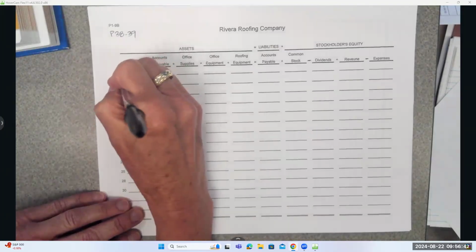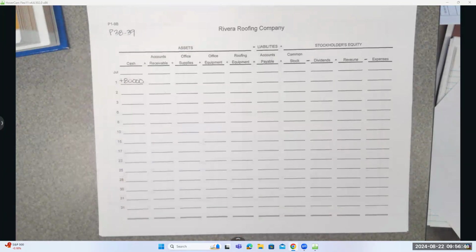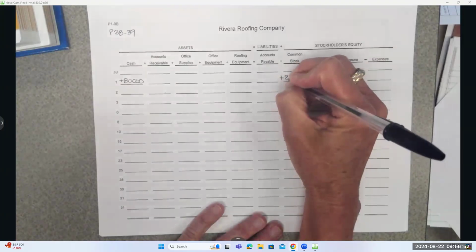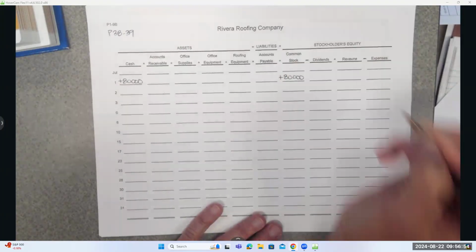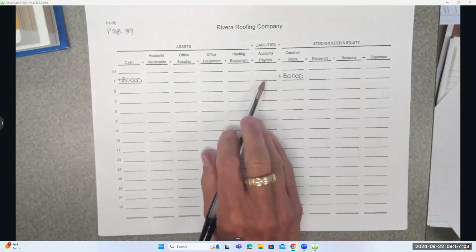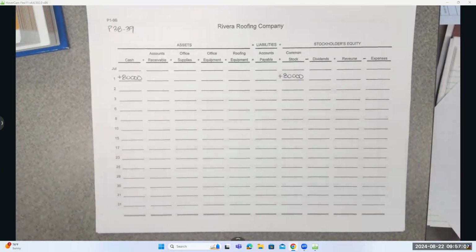So the business got $80,000 cash. And what for? It was the investment. So it was in exchange for $80,000 worth of common stock. We did not earn it. It's not revenue. It is not a liability. We do not have to pay it back. It is just an investment directly into the business.